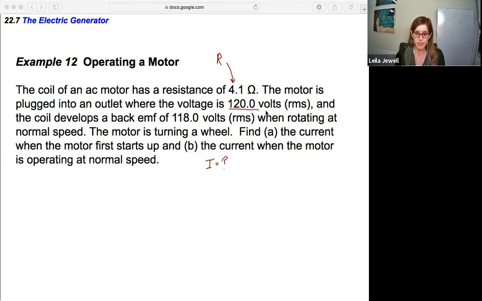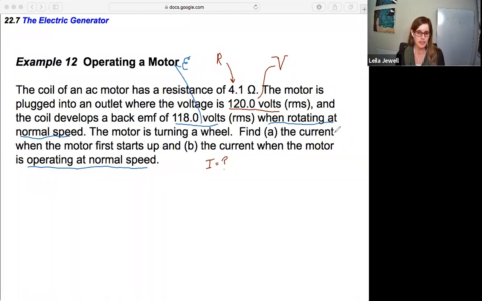So I'm going to label the 120 volts, that's our applied voltage coming from the outlet, versus the 118 volts is going to be the back EMF. Now this back EMF occurs when rotating at normal speed. And normal speed does show up in part B when it's operating at normal speed. So that one, we have a back EMF.